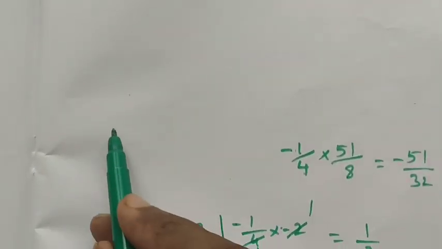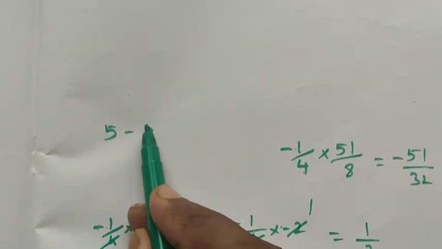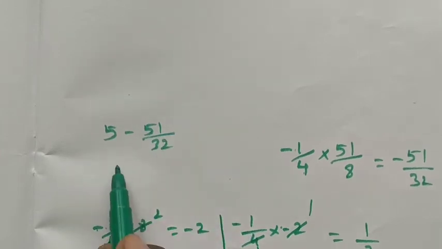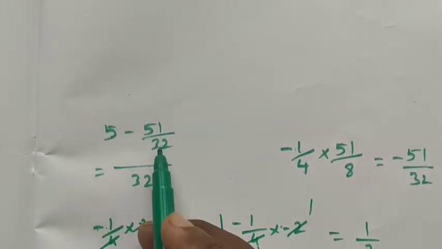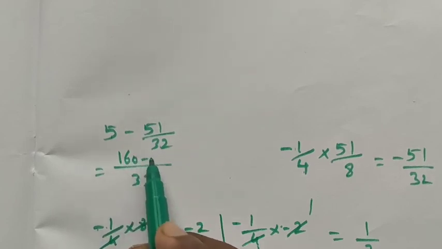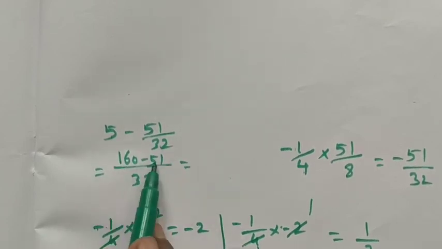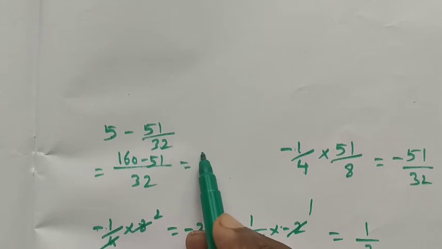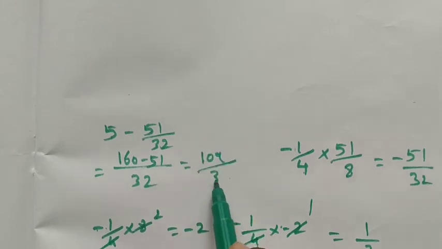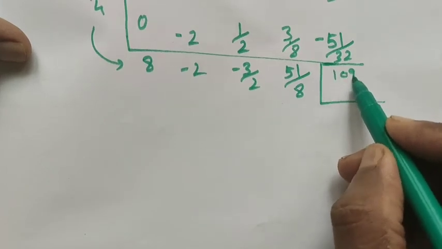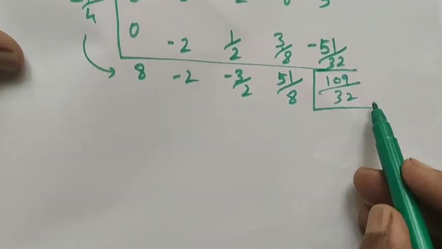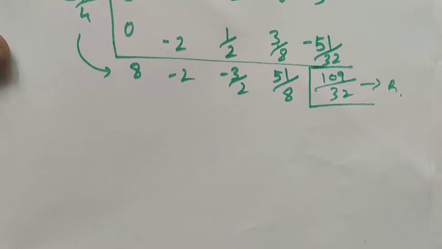So in subtraction, 5 minus 51 divided by 32, taking 32 as LCM, 5 into 32 is 160 minus 51. When we subtract this, we get 109 divided by 32. See, here we have 109 divided by 32 is the remainder.